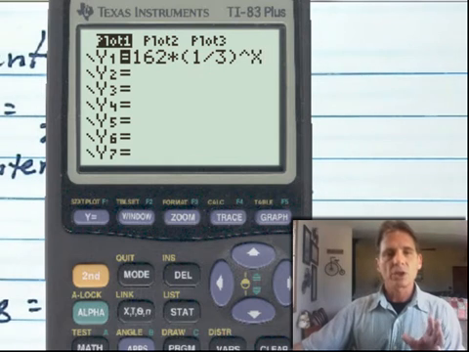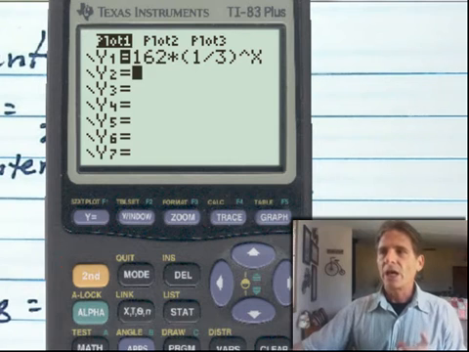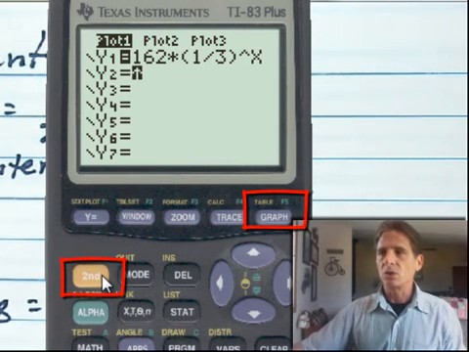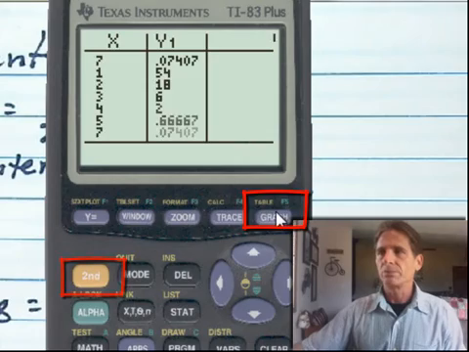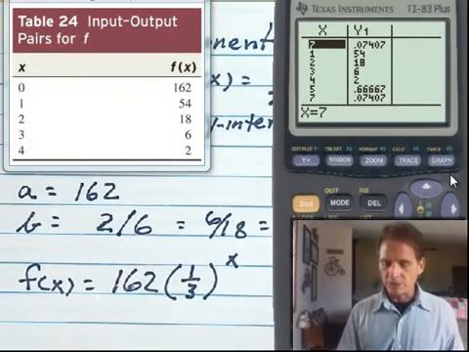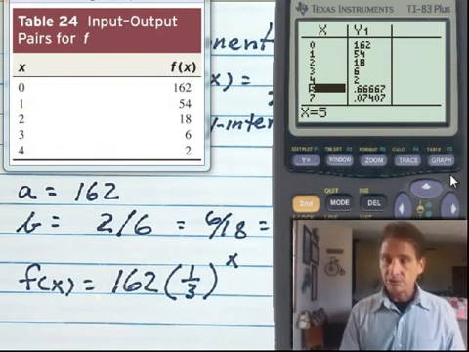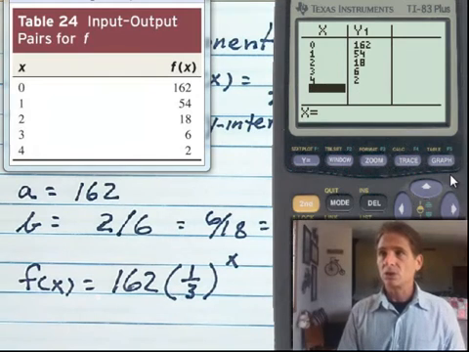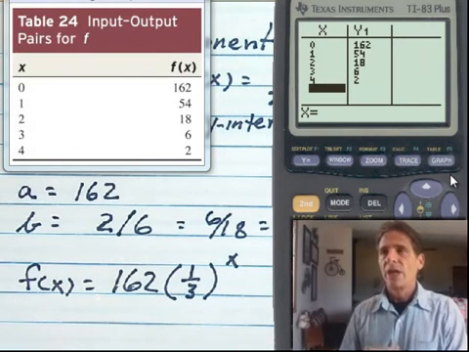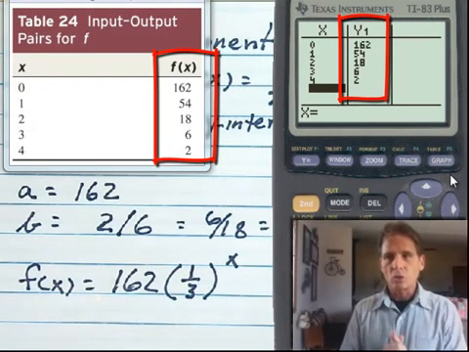Once we have our equation entered, now we can just go to table and enter those values. Now you'll see that I already have values. I can just type over the top 0, 1, 2, 3, 4. And we can just hit delete and get rid of those other ones. And notice that I do get the same y values, so that equation worked.